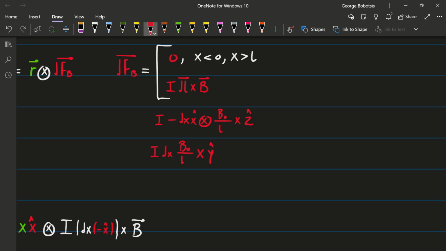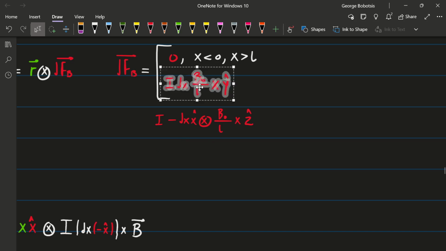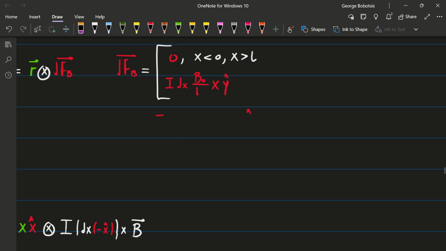And that's what we get for dFB. I'm just summarizing all of that here. I don't have to redo it because I've done it in the previous problem. And this dFB is valid for values of x between 0 and L, inclusive.